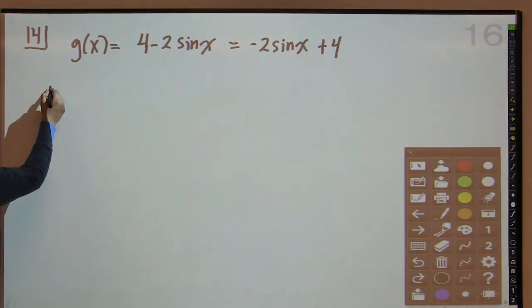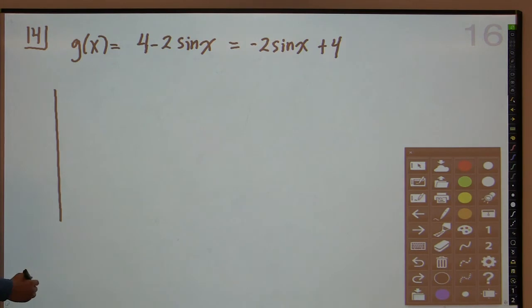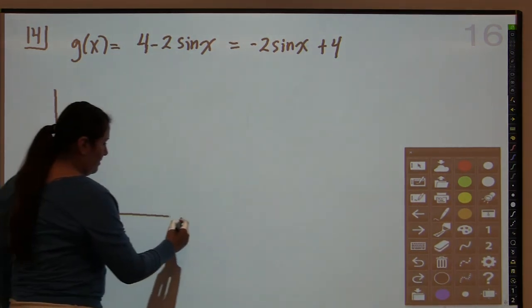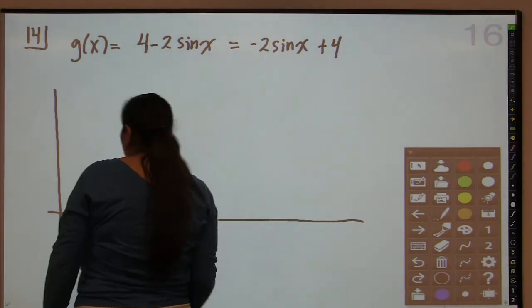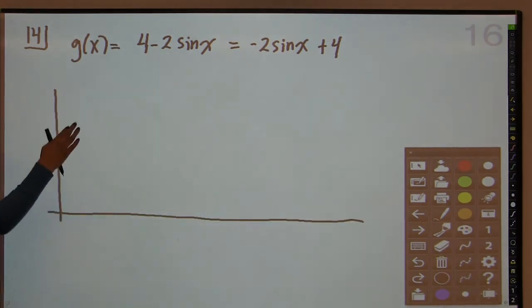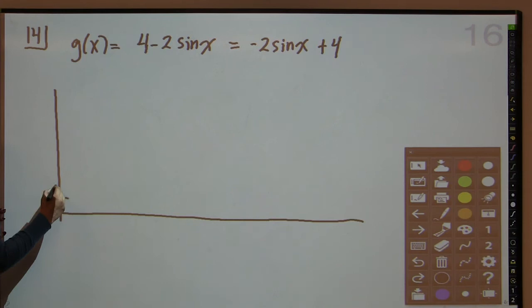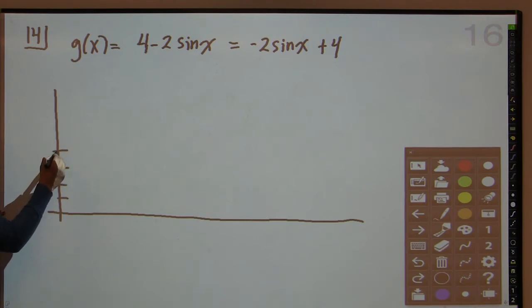So basically, when I do this, I'm going to put my 0 way down here. And the reason why I'm doing that is because plus 4, it means I'm going to be like 1, 2, 3, 4, right? See. And so this is going to be my middle.